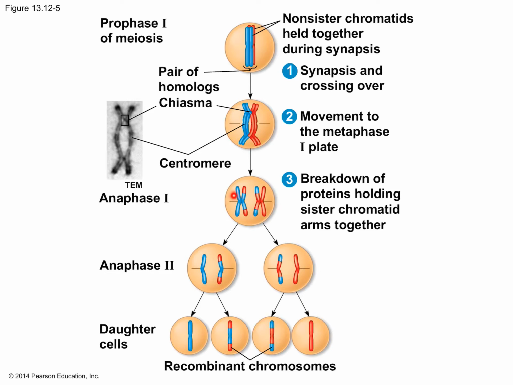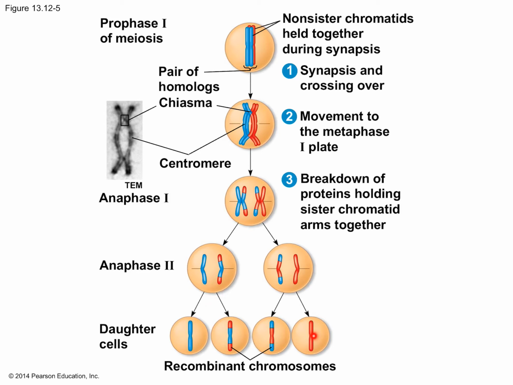The one on the outermost side of the fathers and the one on the outermost side of the mothers are non-recombinant. They're just like they were before. The 2 on the inside that participated in crossing over are now recombinant, a mixture of maternal and paternal DNA.